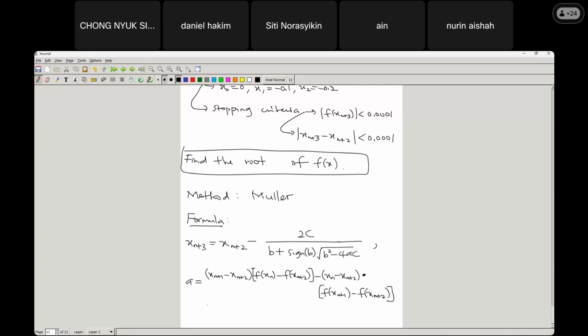And next we divide by xn minus xn plus 2 times xn plus 1 minus xn plus 2. And next we multiply by xn minus xn plus 1. So this is your A.